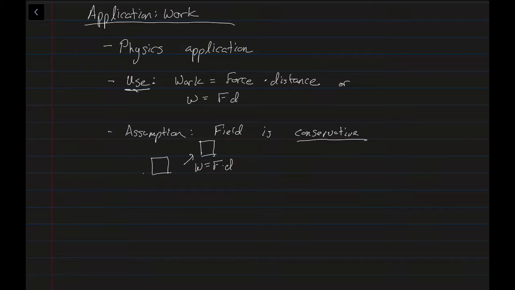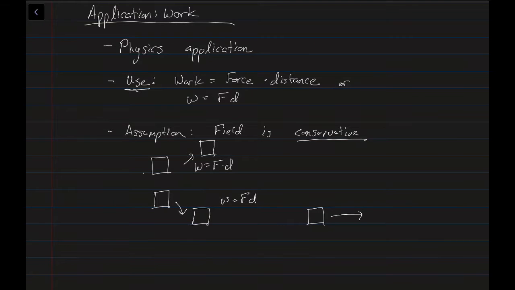So, the work here is equal to force times distance. Now, if I have the box at the same height and I move it down, the work that is done by gravity is also equal to force times distance.